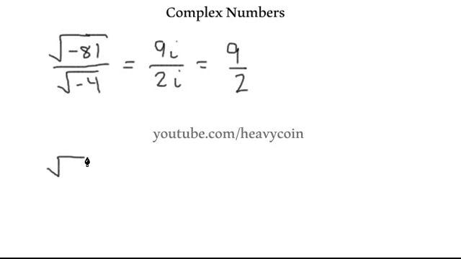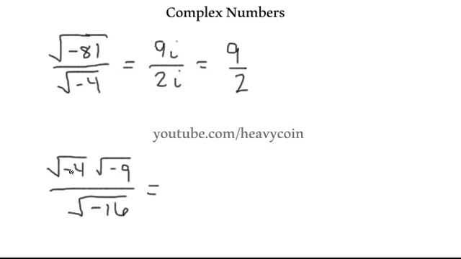What if I had the square root of negative 4 times the square root of negative 9, all over the square root of negative 16? Well, we just do these one at a time. The square root of negative 4 is going to be 2i, and the square root of 9 is 3, and of course that negative under there, we're going to add an i there. And square root of 16 is 4, and of course i.